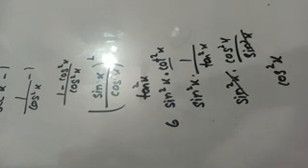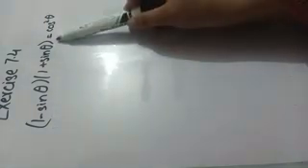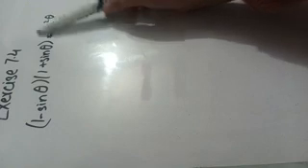Okay, now move on to question number 7, in which you have to prove that the left side is equal to the right hand side. So this is question number 7. We have to convert this equation into this. As you can see here, the formula applies.